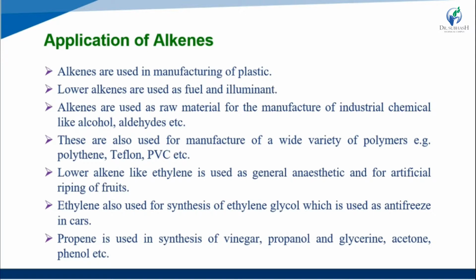At the industrial level. Then the fourth one: alkenes are also used for the manufacturing of a wide variety of polymers like polyethylene, Teflon and PVC.